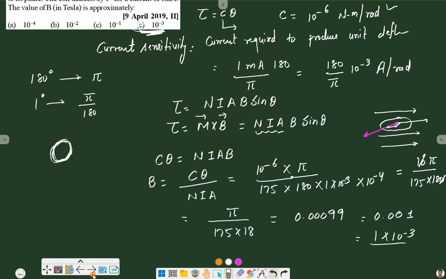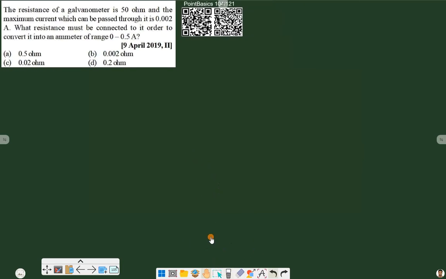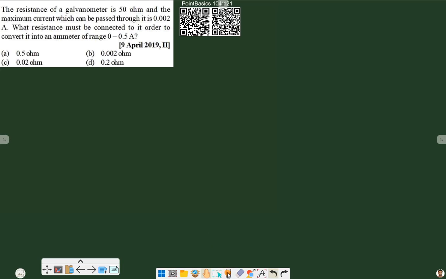Moving to the next one. Resistance of a galvanometer is 50 ohm, and the maximum current which can be passed through it is 0.02 ampere. What resistance must be connected in order to convert it to an ammeter? So we have to convert it into an ammeter, and resistance is already mentioned and current is already mentioned.